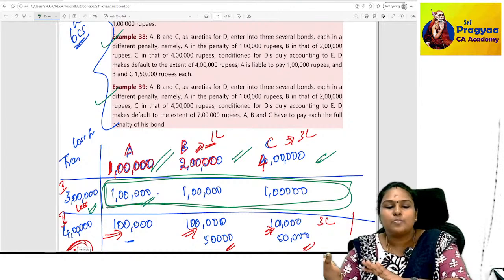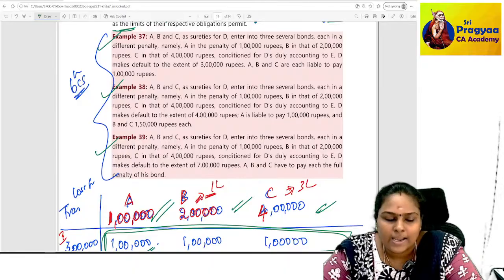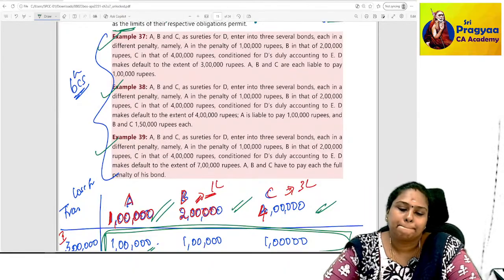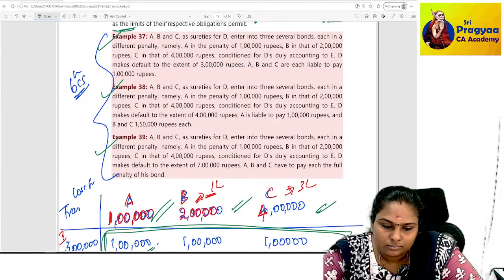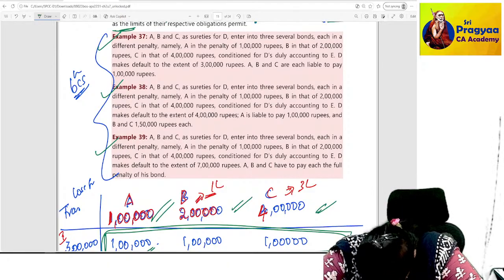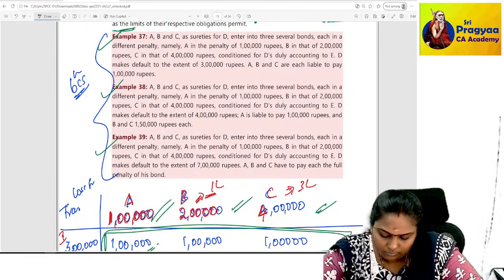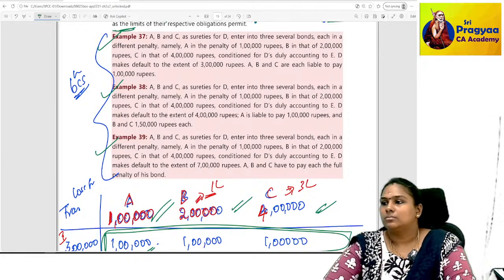Try to compare the numerical chart with the example that is given here in the book. Example 37, 38 and 39. Doubt, ask me.